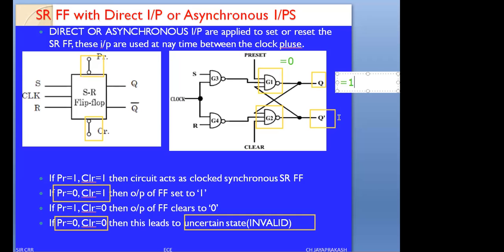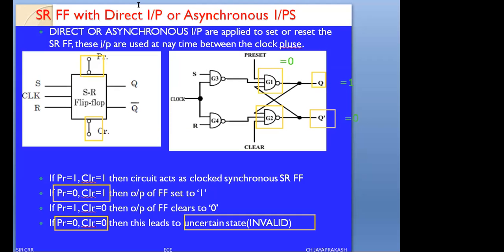This will reflect Q bar equal to 0. That state, when preset is 0 and clear equals 1, the output of the flip-flop is the set condition without significance of the clock. Not depending on the clock, whatever the outputs of G3 and G4, the feedback is not checked. The output is controlled with respect to the preset itself.